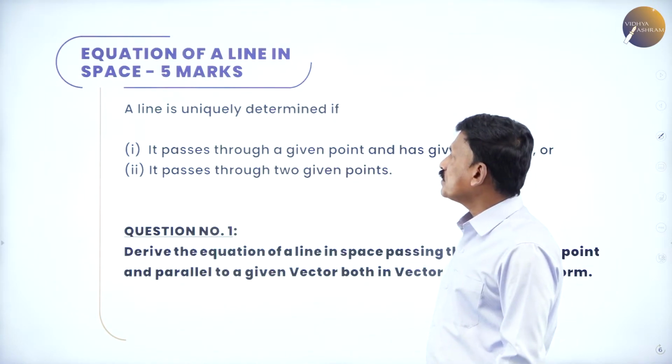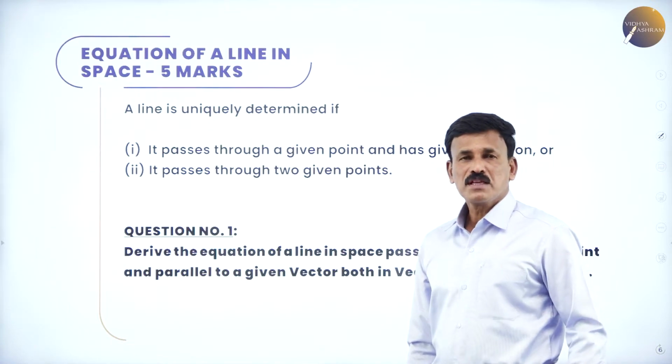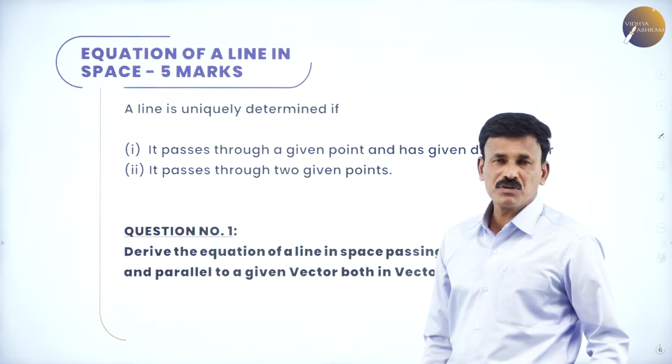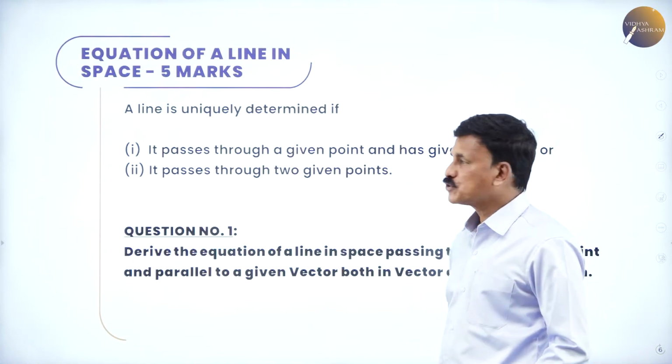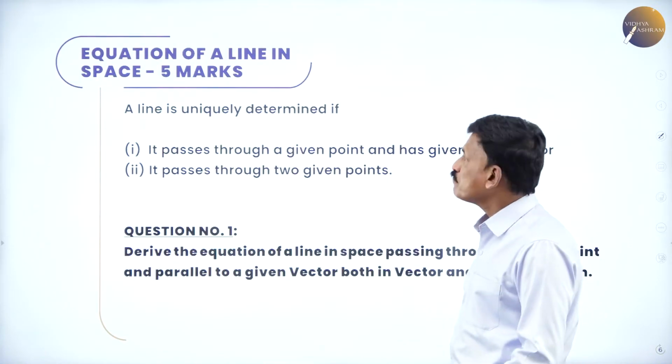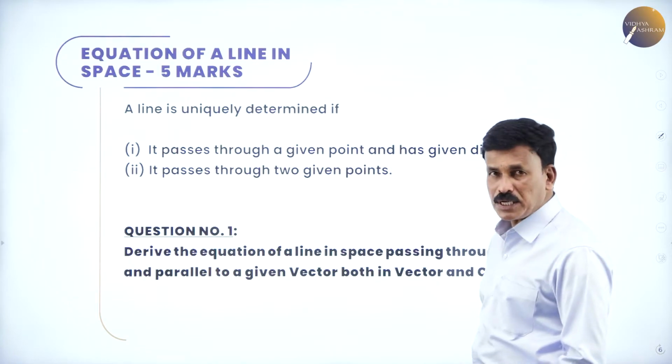Now, equation of the line in space. This is very important for 5 marks. You will get one 5 marks derivation from this equation of a line. So let us come to the line first. Equation of a line in space.